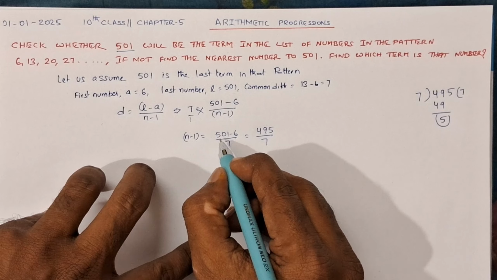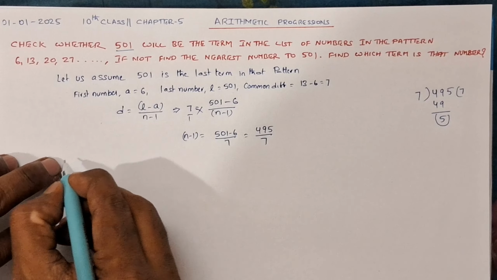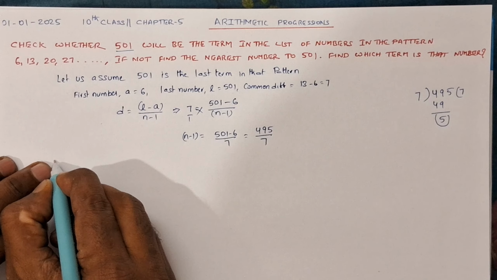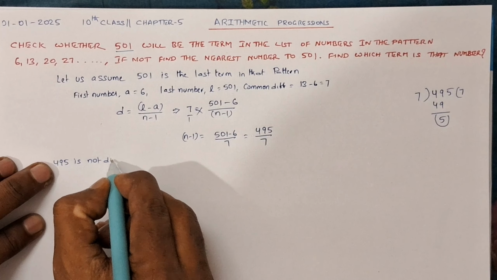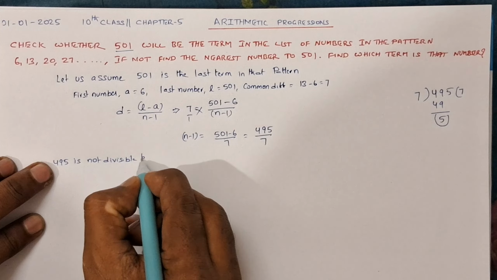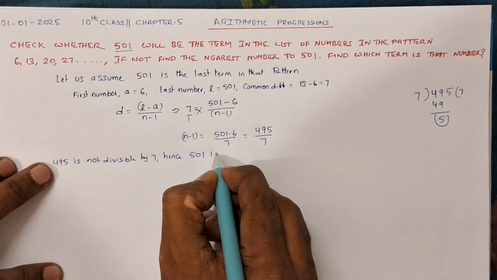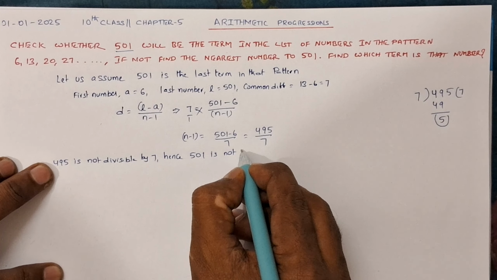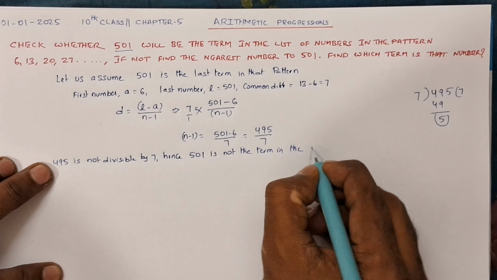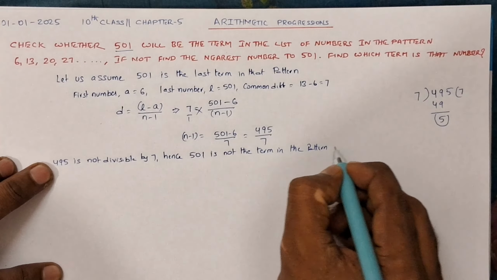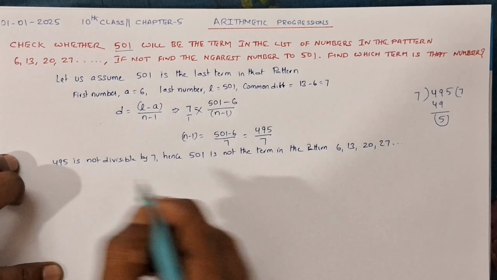So 495 is not divisible by 7, hence 501 is not a term in the pattern 6, 13, 20, 27 and so on.